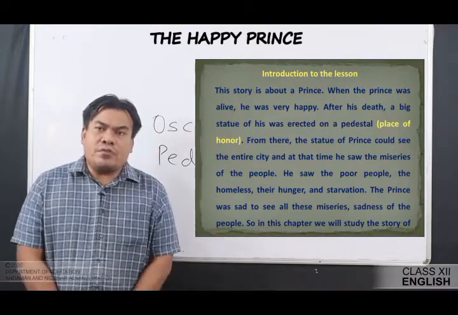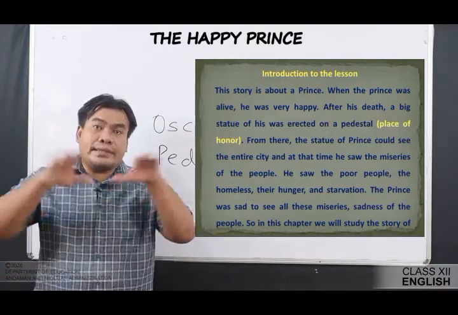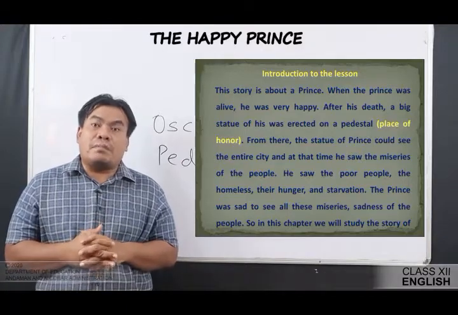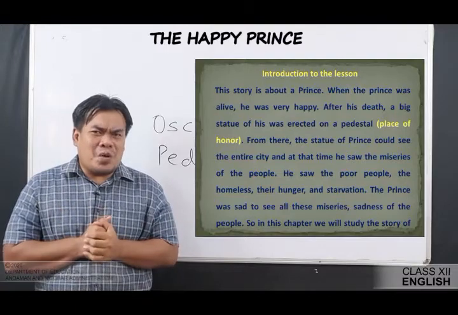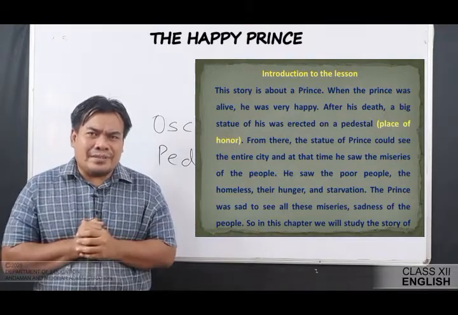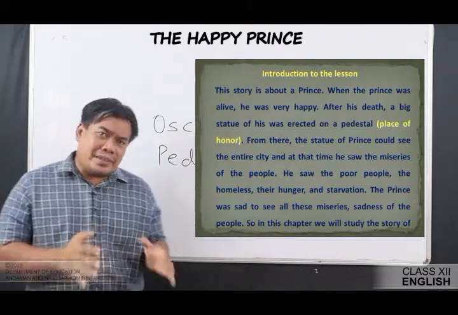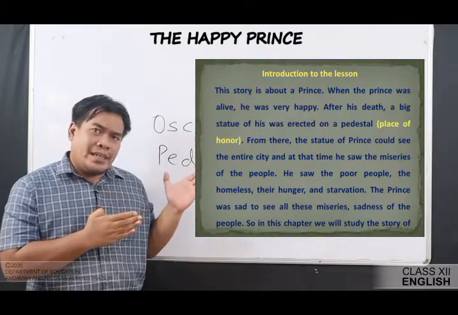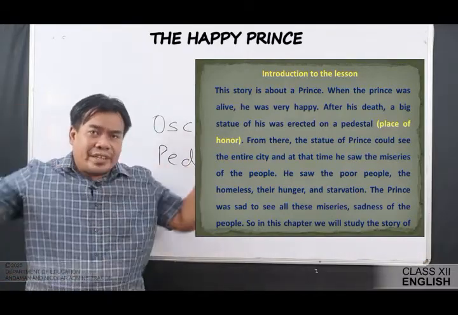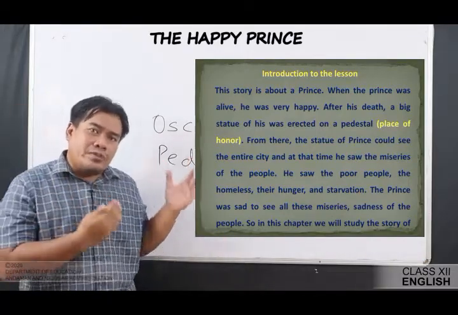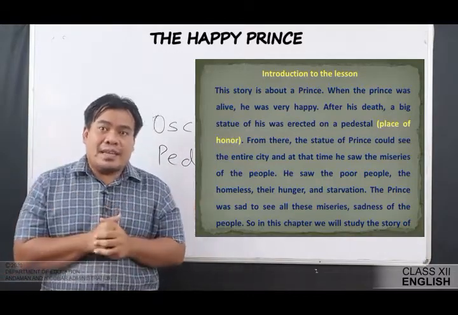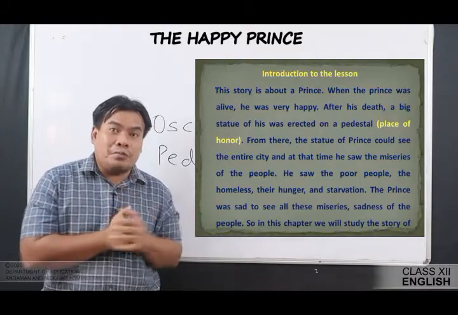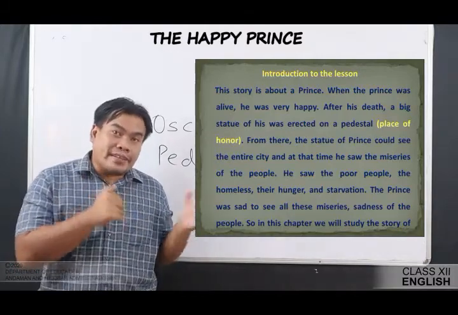From there, the statue of the prince could see the entire city, and at that time he saw the miseries of the people. Now that's a little bit confusing, right? The statue has been erected and he could see everything from where it was erected, the miseries and the madness of the people in that country.